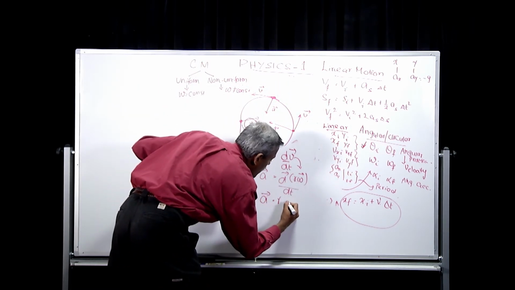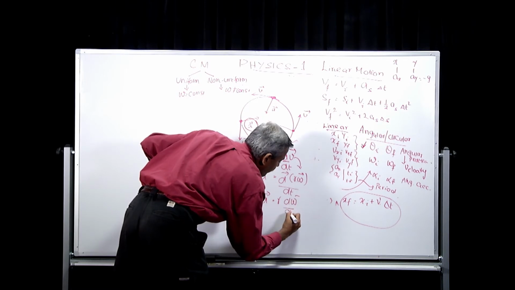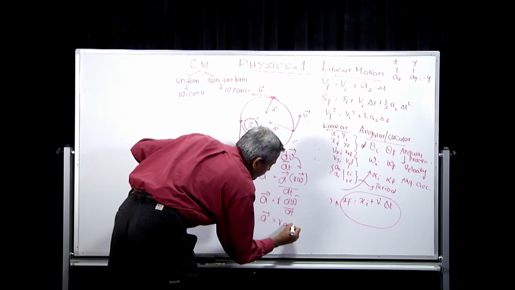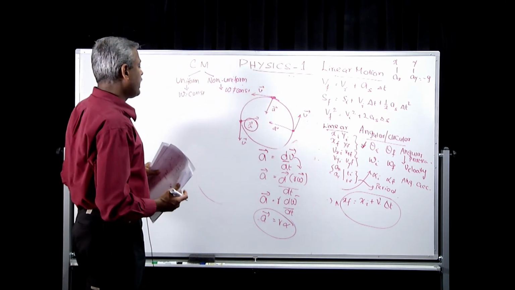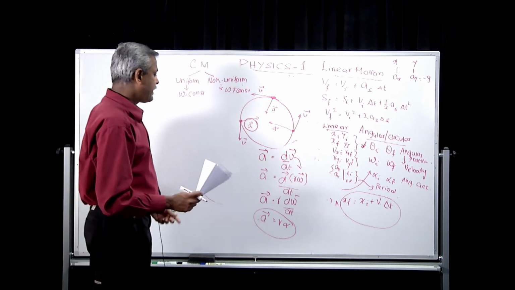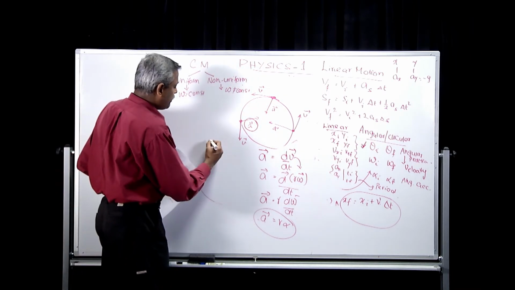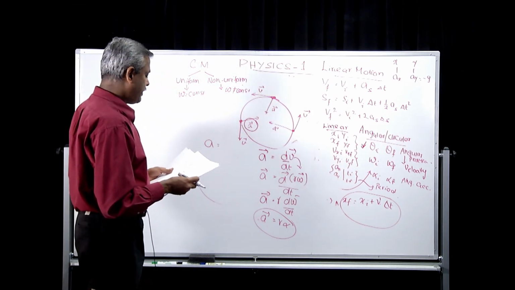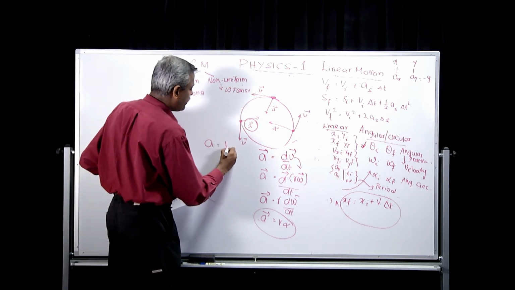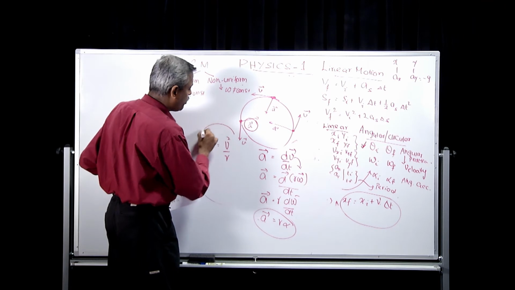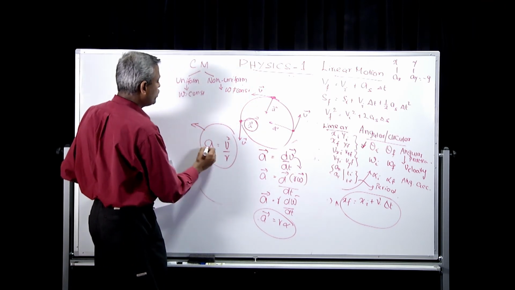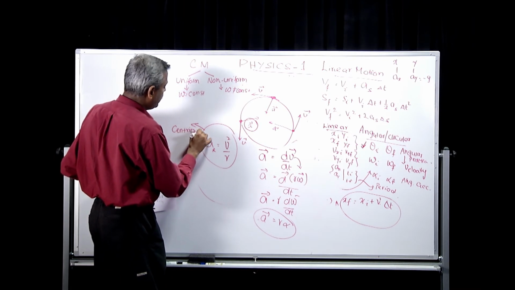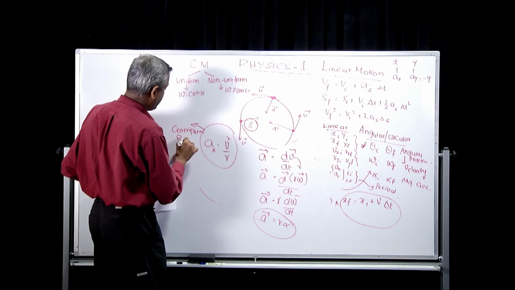You can take r out: r d omega/dt. That means your linear acceleration is r alpha. Alpha is your angular acceleration, a is your linear acceleration. Sometimes you also use a as the centripetal acceleration, that is v squared over r. This is the formula we use, called centripetal acceleration or radial acceleration.